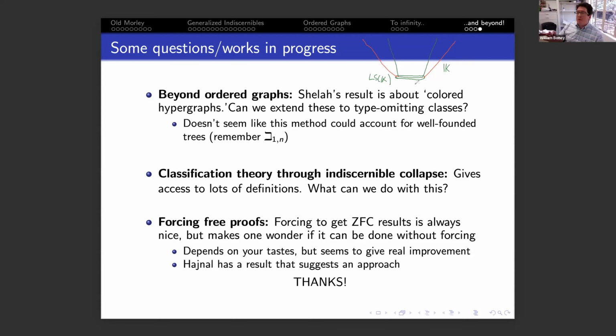I would have to be better at forcing to make this precise, but I'm guessing some version of this weak AEC would be like, I've got these generators down in LS of K, and my weak AEC, this green part, is not every directed co-limit that I get, but it's the collection of some directed co-limits that's closed under submodel.